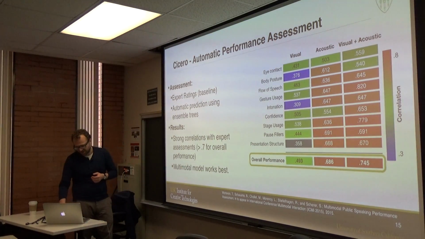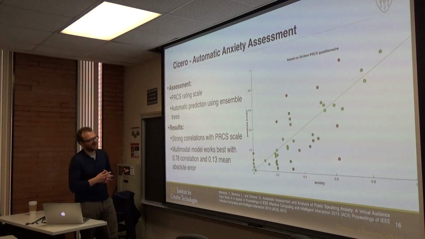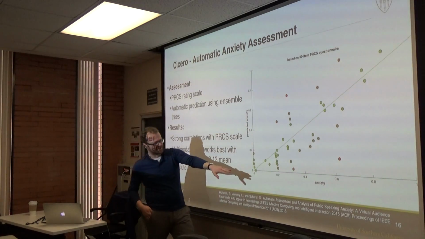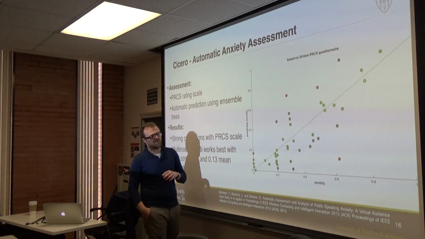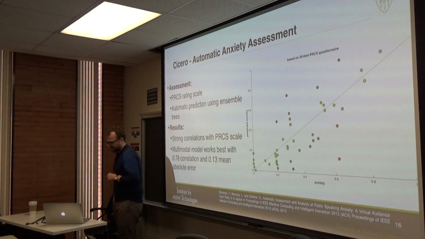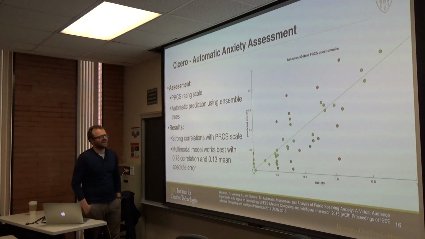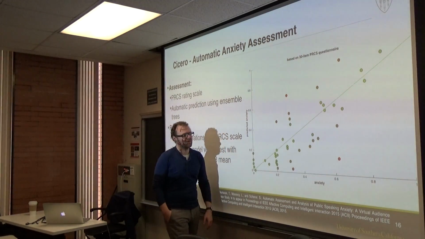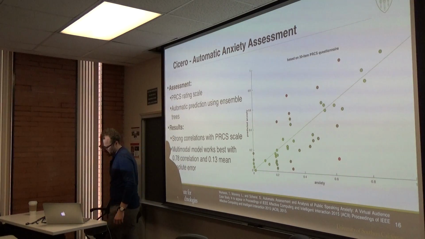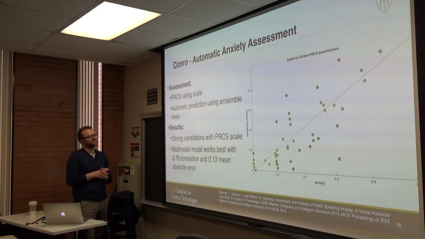This can be visualized a little better if we show a regression through the data points that we have. And in this case, it's not performance, but anxiety. We can evaluate how much anxiety certain individuals exhibit. And we found that we can predict the anxiety of a speaker quite well. And this is also done using these simple trees. All right.